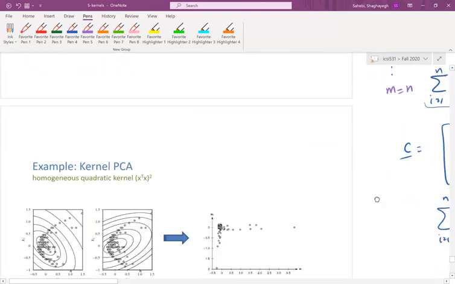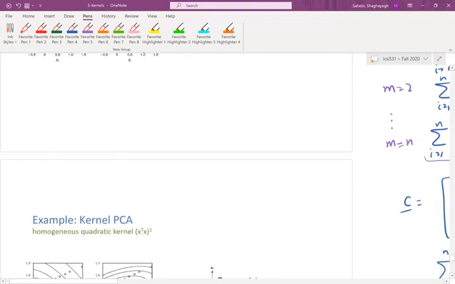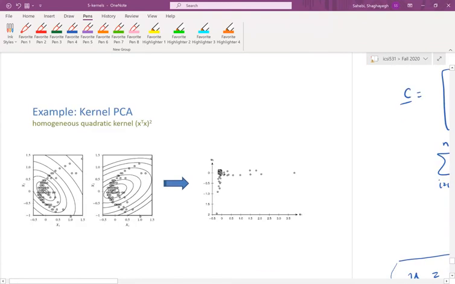Now, if we apply kernel PCA on this data using a homogeneous quadratic kernel, which is basically k(x, y) equal to (x transpose y) squared, quadratic because this shape looks quadratic to us here, and so we think that it's going to give us a good result. Then you can see the directions u1 and u2 here.